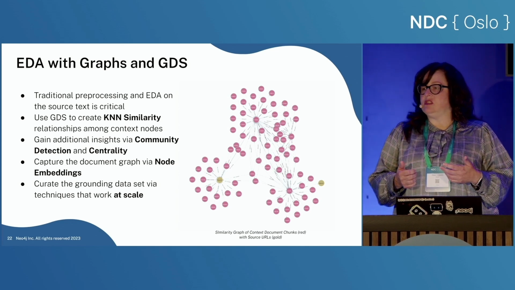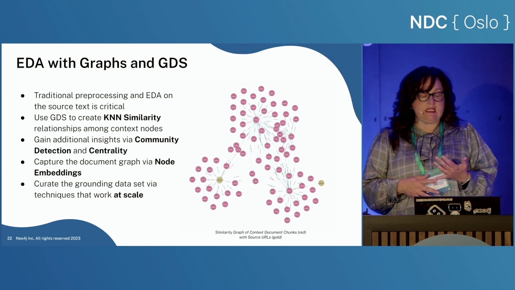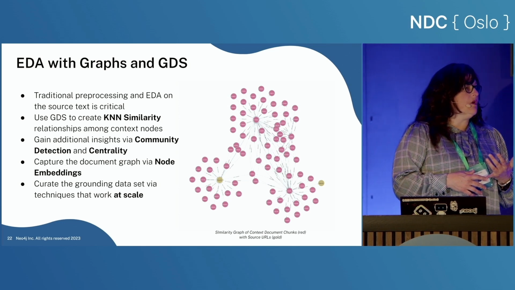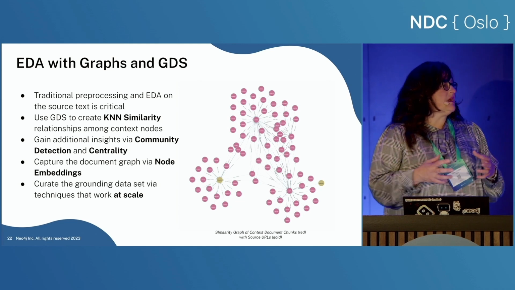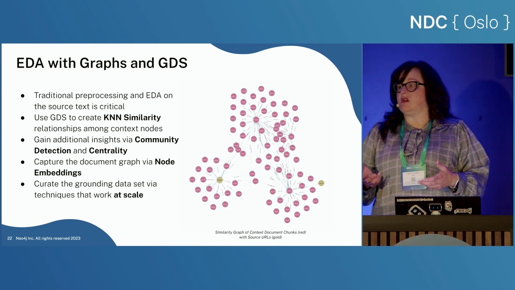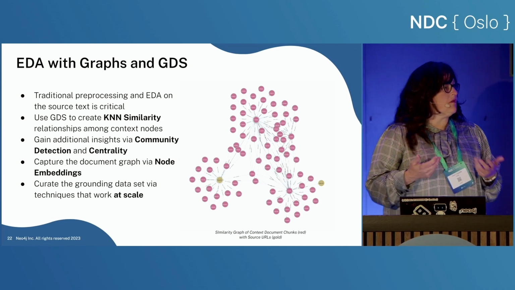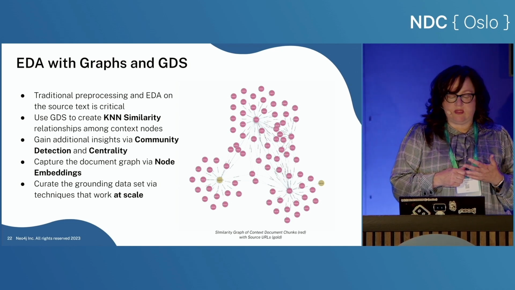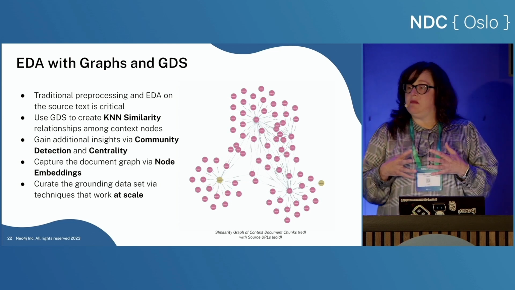What this allows us to do is then leverage additional algorithms such as community detection and centrality to understand of these documents, do we have similarities? Do we have clusters of documents? And are there certain documents that are more important and have a higher, what we call centrality or a rank within those groups? We use this to capture and document the node embeddings.